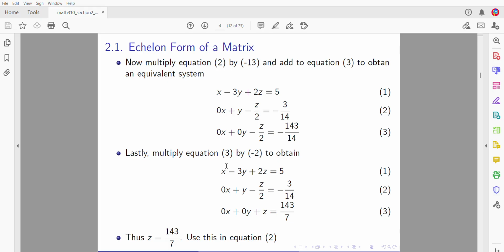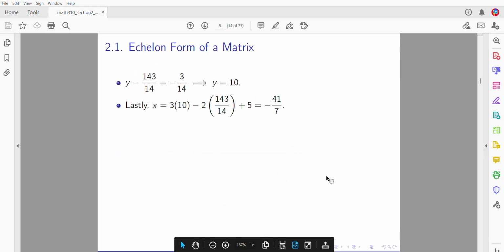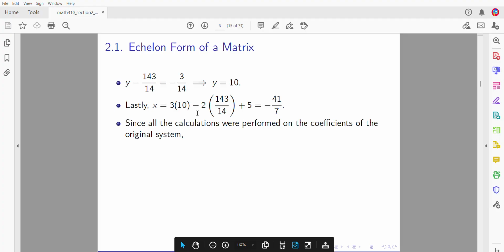It helps to have 1x, 1y, and 1z. Calculation becomes easier. So this is the substitution backward. Since all the calculations were performed on the coefficients alone, notice we didn't change x, y, z, just the coefficients.